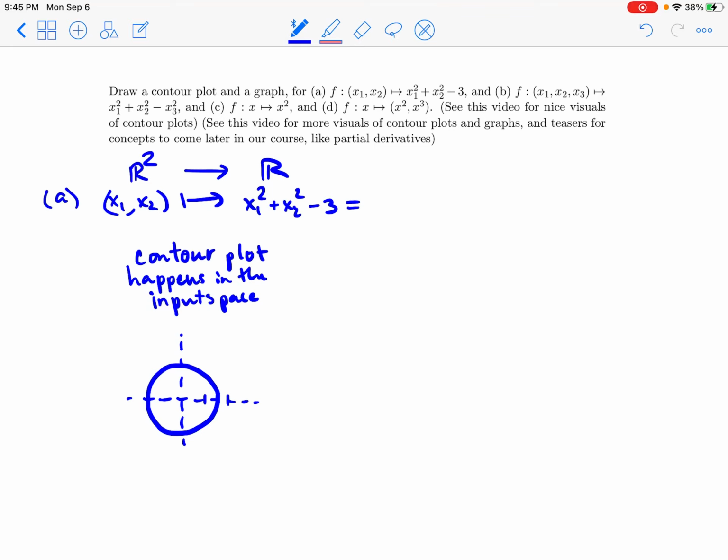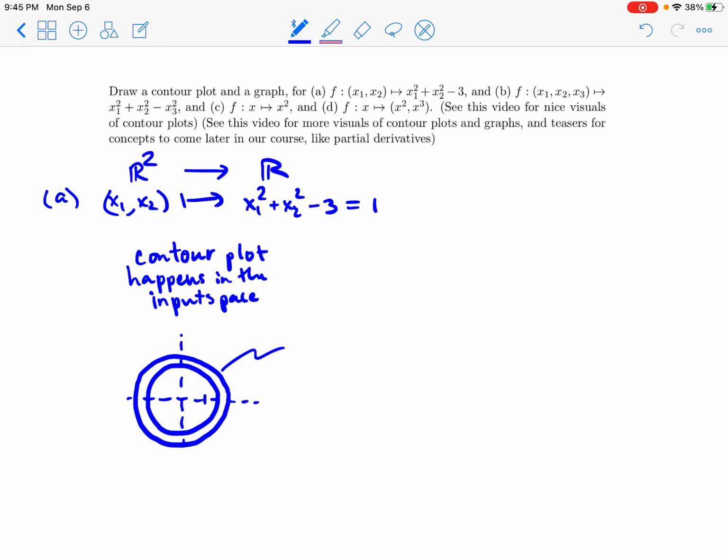Okay? What about the ones that are mapped to 1? So the preimage of the point 1, so 1 is a real number, are all the points satisfying this equation, which if the minus 3 comes over here, it becomes a 4. So this is a circle of radius 2.